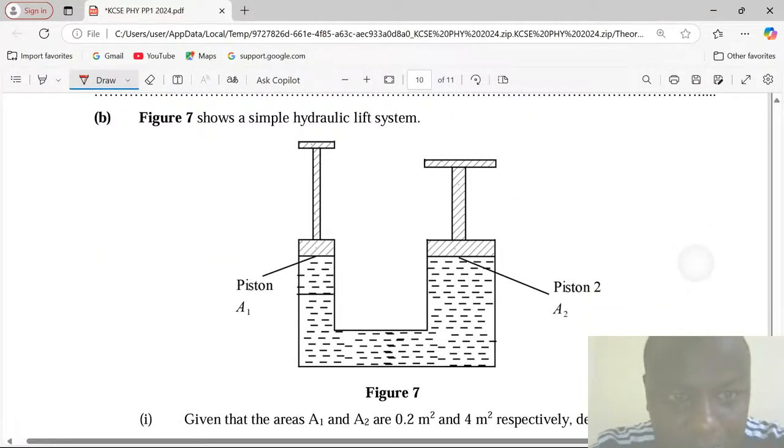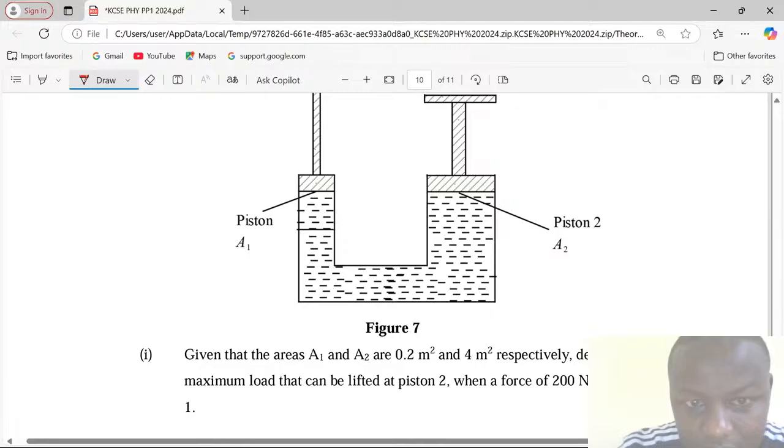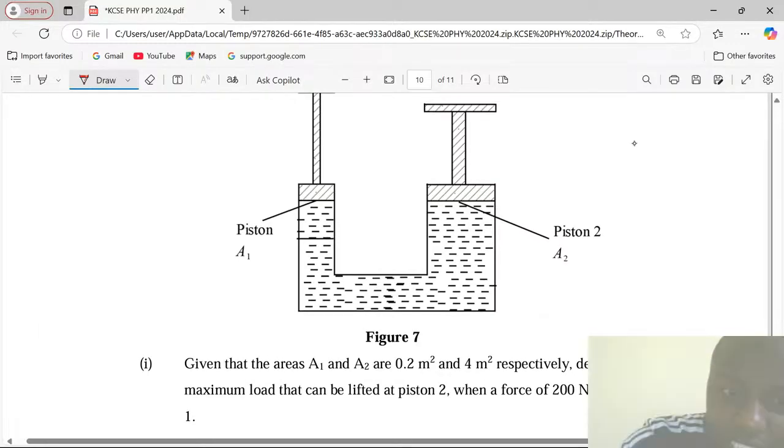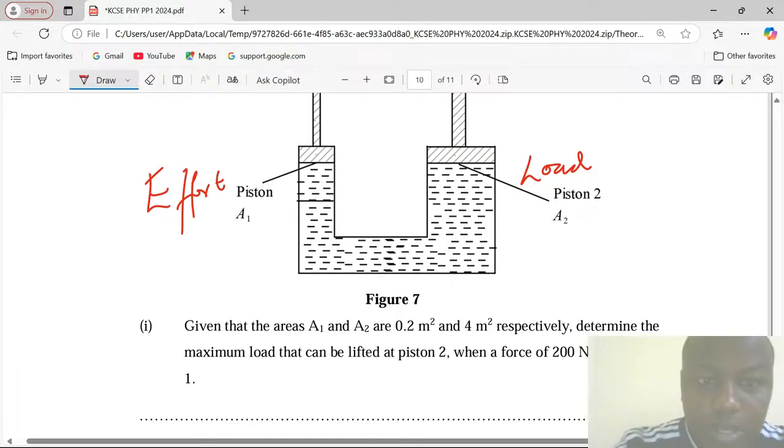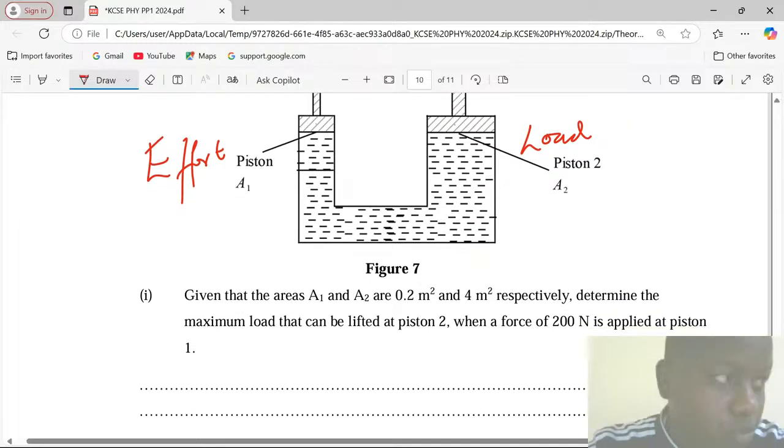We can look at a simple hydraulic lift system. So this one is the effort piston. This one is the load piston, or piston 2. We have area 1, area 2.